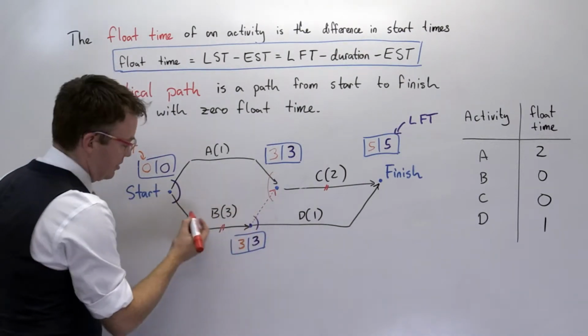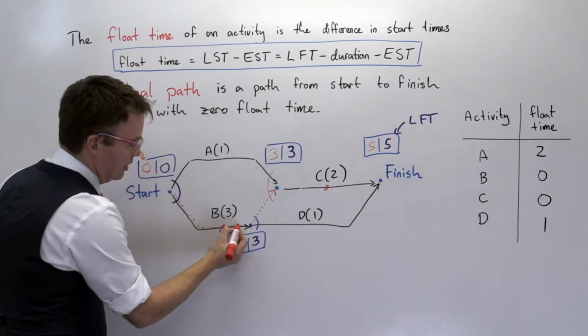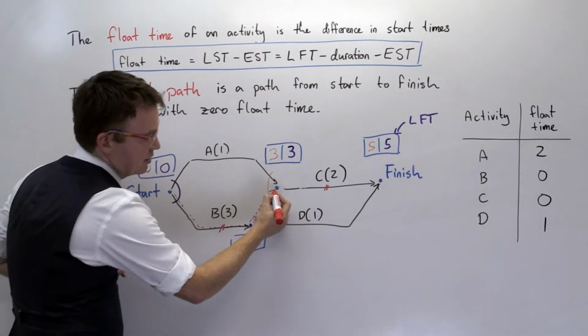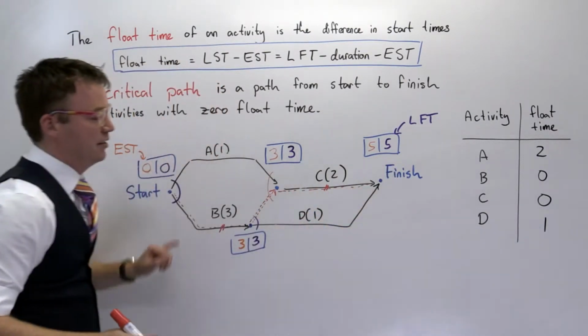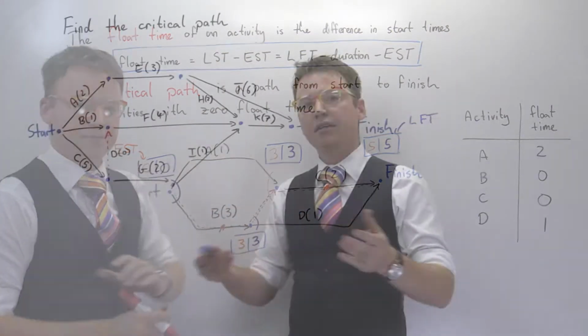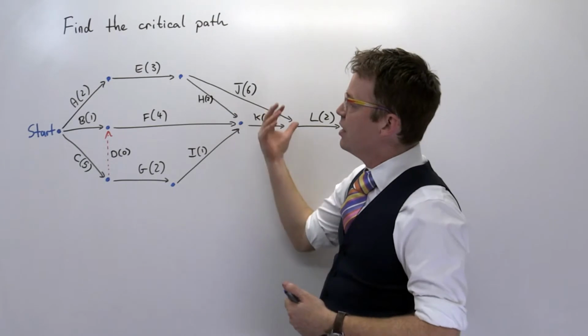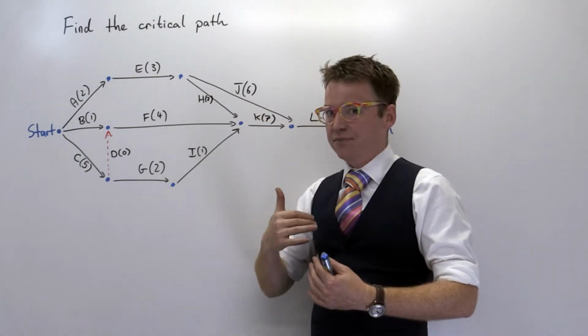You can use the dummy edges, that's fine. So the critical path here is along here, then skip up there. It's a dummy edge, it doesn't do anything, doesn't take any time, and along here, and that's our critical path, B, C. Now let's do a more sophisticated example of finding the critical path using forward scanning and backward scanning.